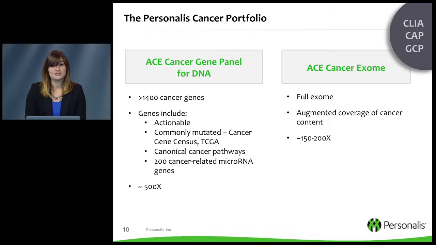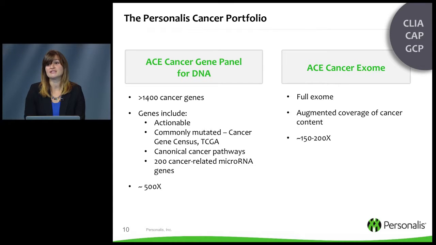Our ACE cancer gene panel targets over 1,400 cancer genes. Now, we designed this panel to try to assay almost all of the genes a cancer investigator might be interested in. This includes, of course, all actionable cancer genes and hotspot mutations, as well as genes commonly mutated across cancers, as described by the Cancer Gene Census and other large studies such as the Cancer Genome Atlas.